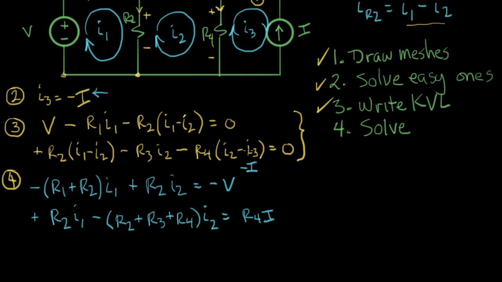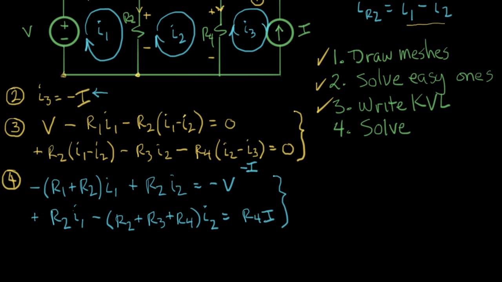Minus R4 times I3: minus I3 is a positive sign, I gives it a negative sign, and when we take it to the other side, it gets a positive sign. Good. So this is what our equations look like now.